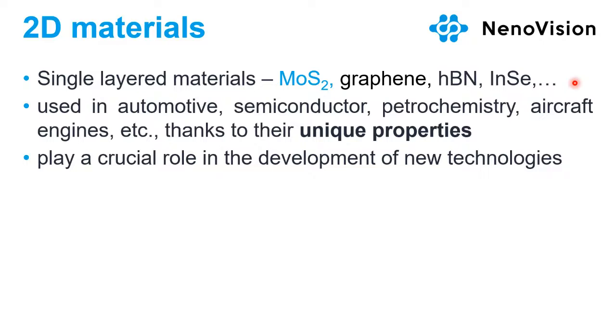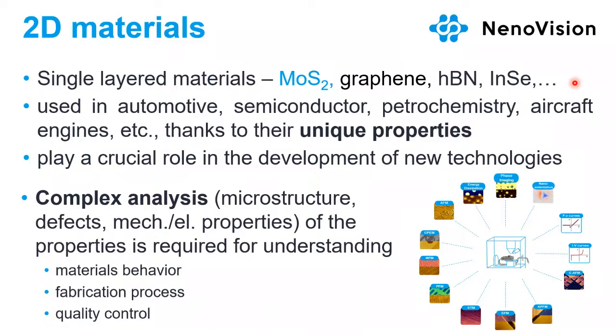And if we understand the properties better, the development of new technologies is possible. But for that, we need a complex analysis to understand the microstructure defects, how they behave under different environments, and so on. And also we need to know the fabrication process, which is not usually easy for two-dimensional materials to have reproducible.